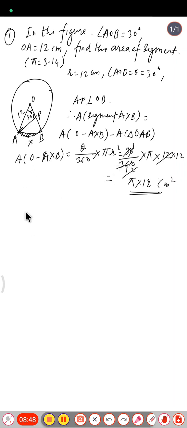After that we know the area of triangle. Last time we calculated that the area of triangle AOB is half into the base, which is the radius, and the height, AP, is r sin theta. Clear?